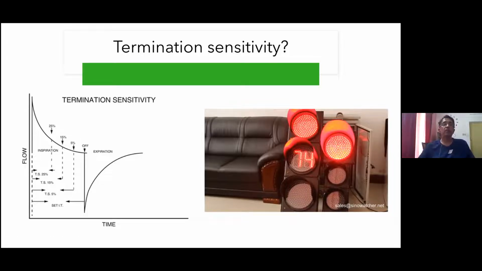As the gas flow rate starts falling, the machine can start understanding, like we saw in this method, that as the gas flow drops and reaches a preset level of 15% of the peak flow, it knows that the breath is going to end and it may start taking the foot off the brake. That is, the valve will start opening slowly. And by the time the baby stops breathing, the valve will open completely and the ventilator will breathe out.